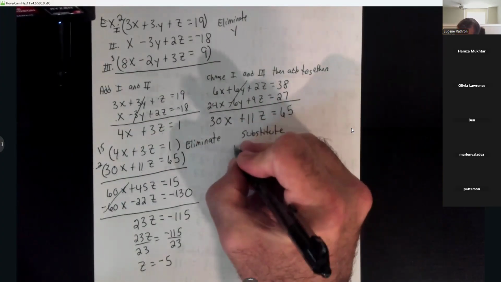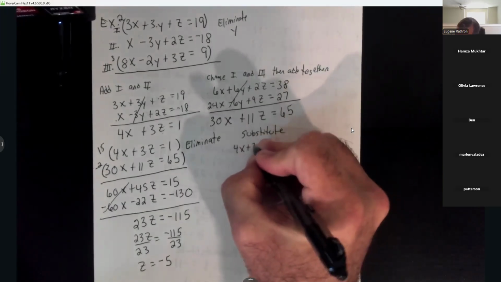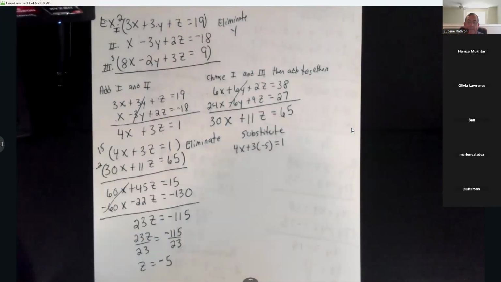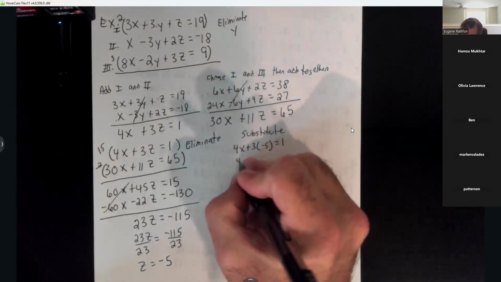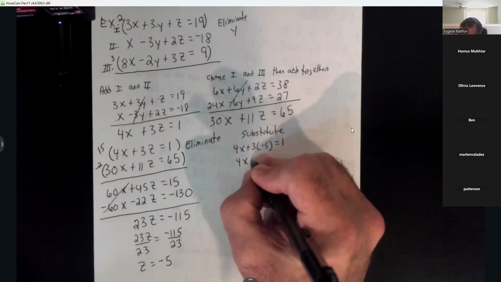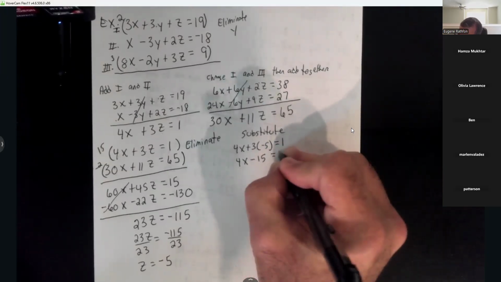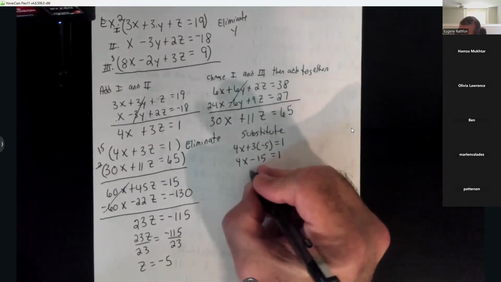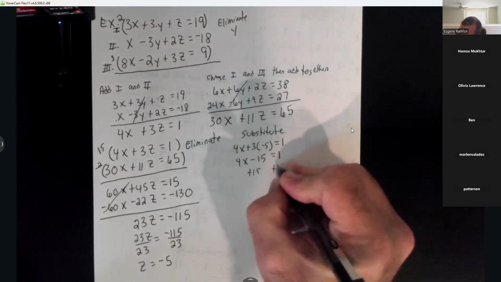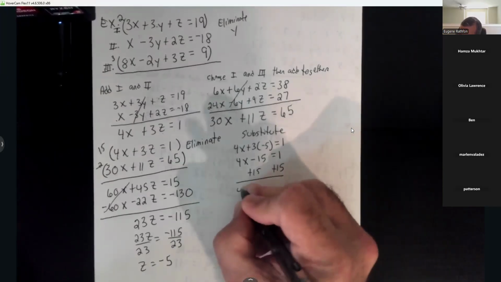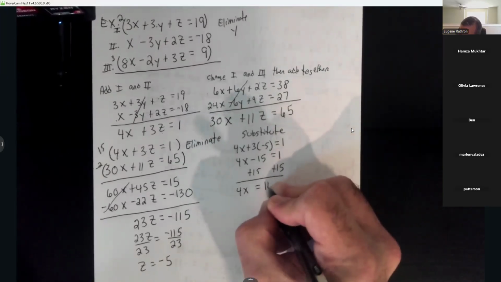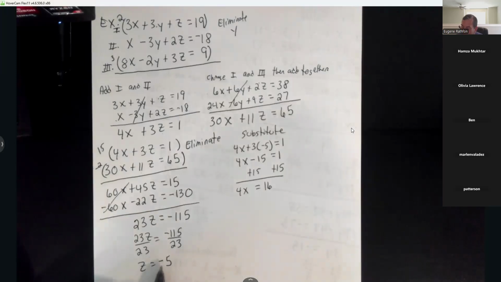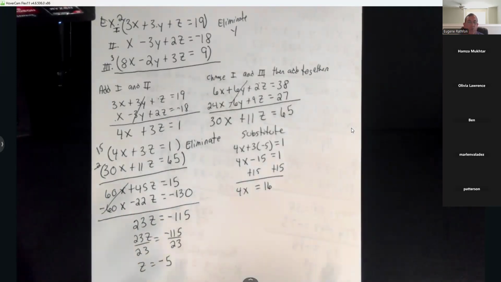So I got 4x plus 3 times -5 equals 1. All right, y'all, so that's 4x. 3 times -5 is -15. Add 15 at this point. So 4x equals 16. And are you noticing, y'all, you need to get nice integer values on these, okay?